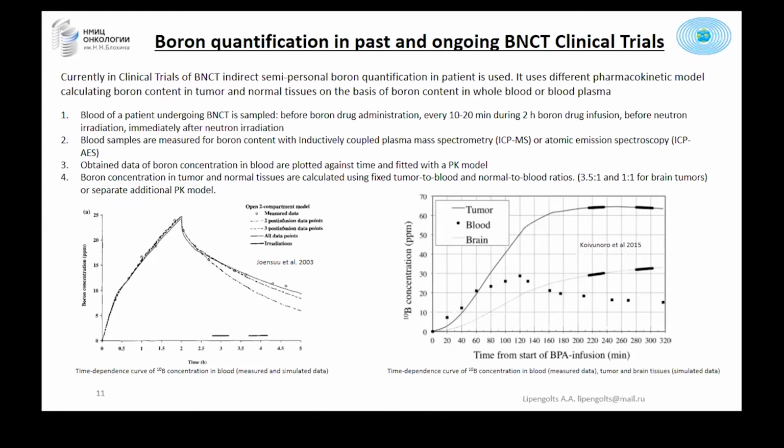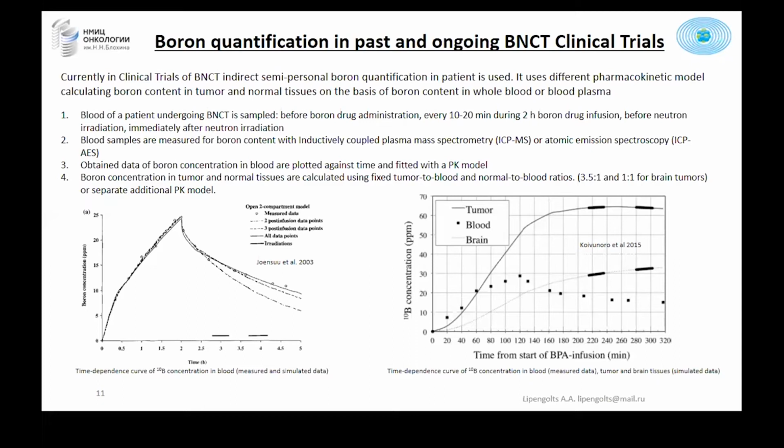But then the calculation of boron content in tumor and surrounding normal tissue is quite simple. For decades, the only approach was to multiply boron content in blood by a specific fixed value, which is the tumor-to-blood or normal-to-blood ratio.